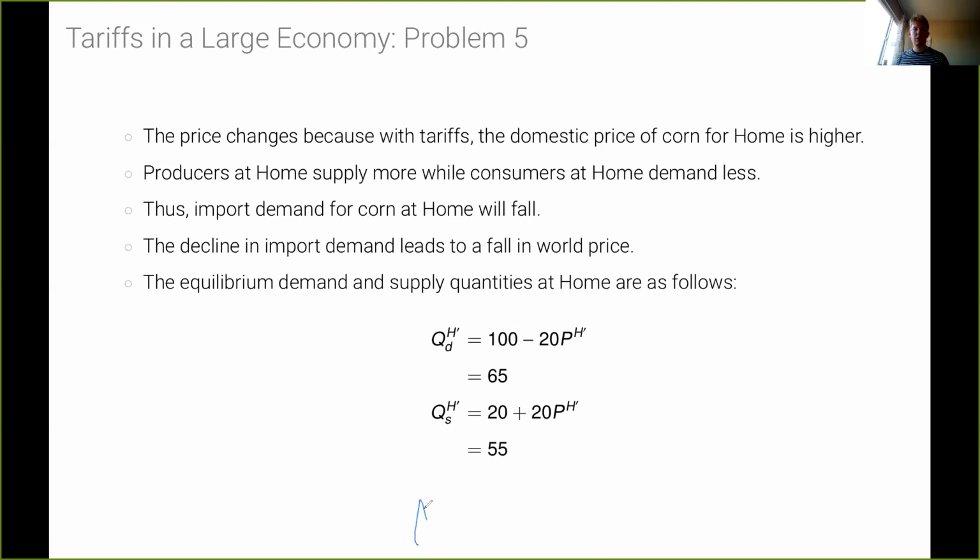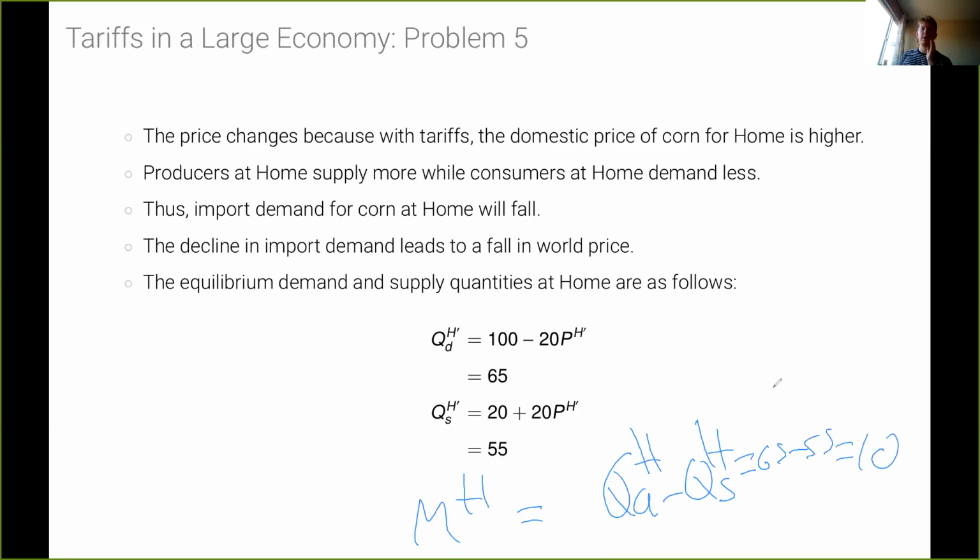Home's import demand is now just going to be the amount that they demand minus the amount that they supply. That's 65 minus 55, which is equal to 10. So home's import demand is going to be 10, and that's less than what their import demand was before, which I believe was 20.